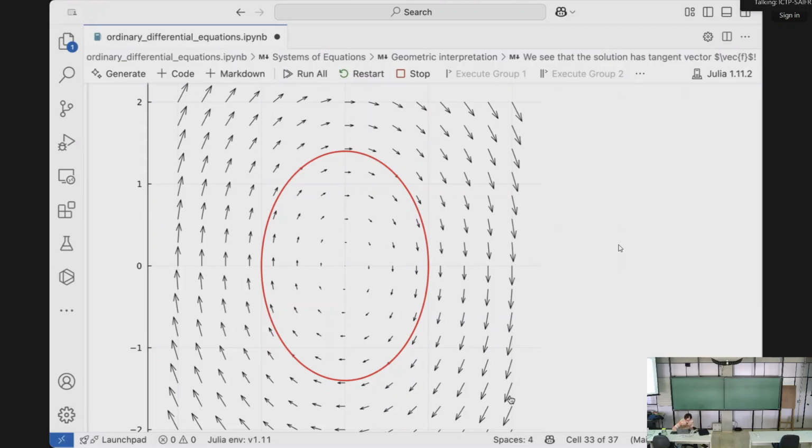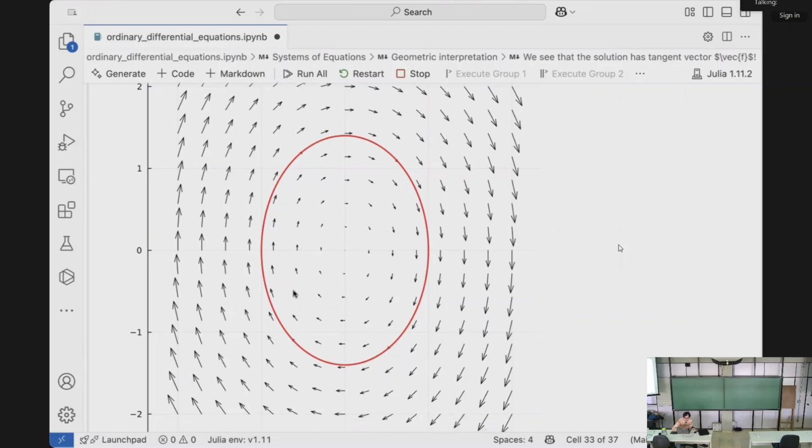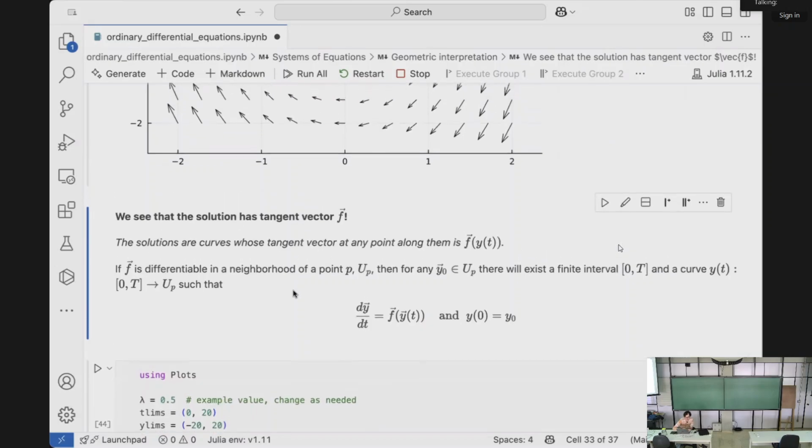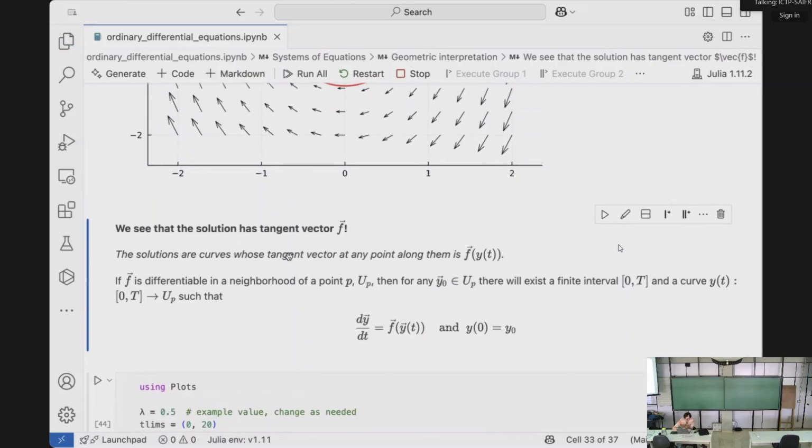Other methods try to do the following: okay, I point here, I get here. And what's the arrow at that point? This is the arrow at that point. So maybe if I use the arrow at that point, combine it with the arrow that I had at the beginning, I can get something better, of higher order, right? So this is the observation that we have here.